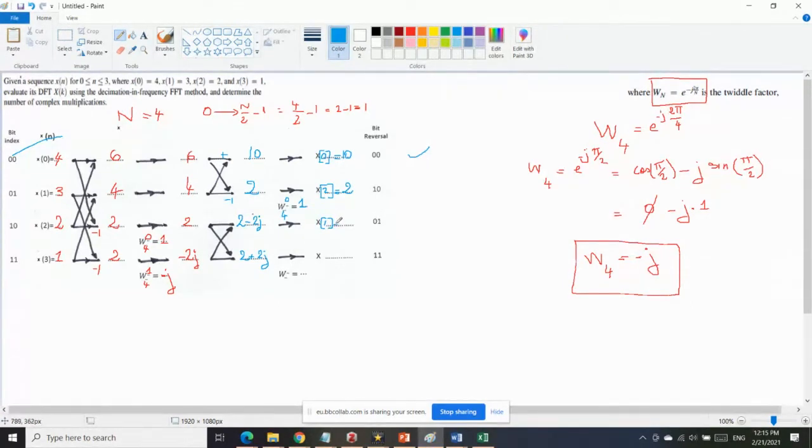It is x1, just 2 minus 2j. And this is x3, and it has to be multiplied by the twiddle factor to the power of 0, which is 1. So it stays the same, multiplied by 1: minus 2j.